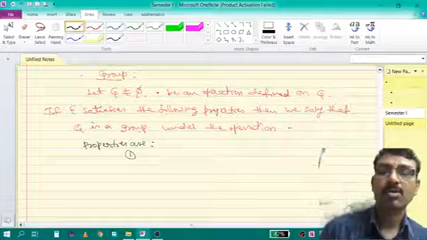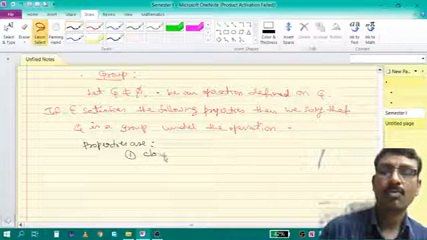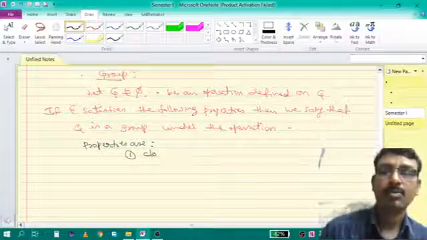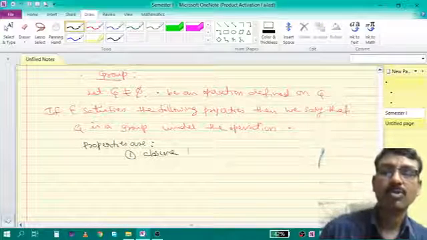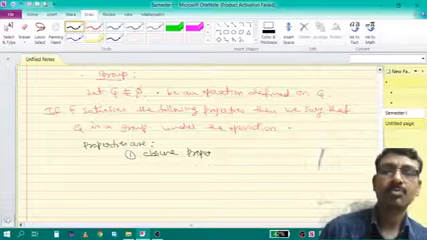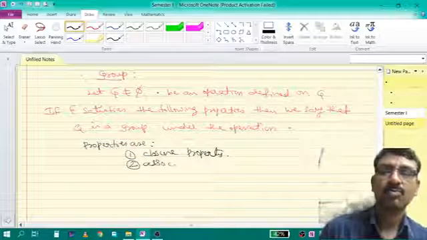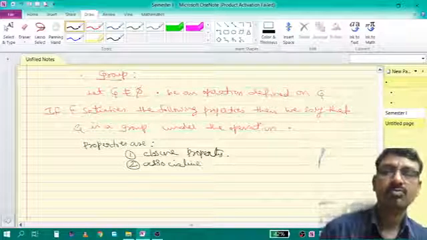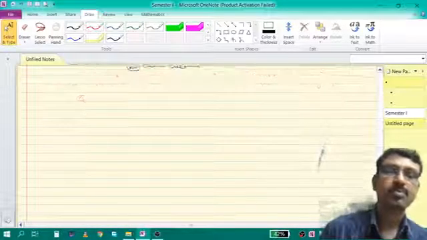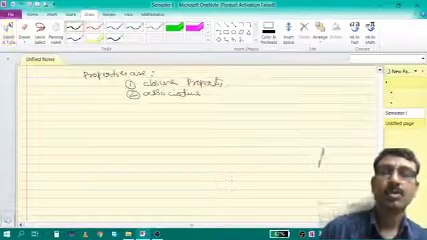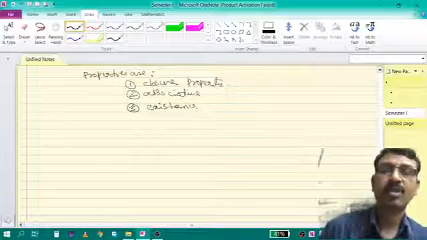the ones which we discussed, the 4: closure property, associative property number 3, existence of identity or identity property.